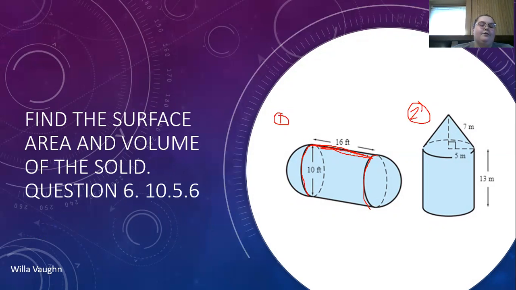So you'll get S equals 2 pi times R times height plus 4 pi times radius squared. So plugging and chugging that, you'll get 2 pi (5 feet)(16 feet) plus 4 pi (5 feet) squared, which is approximately going to equal 817 feet squared.